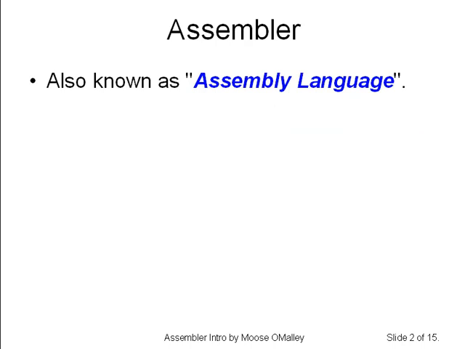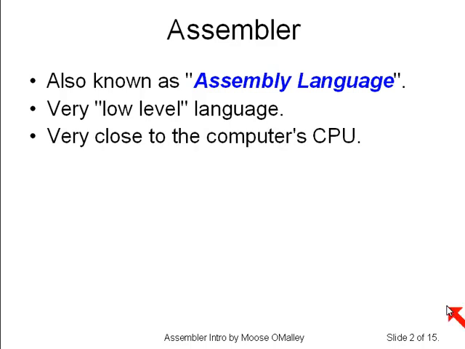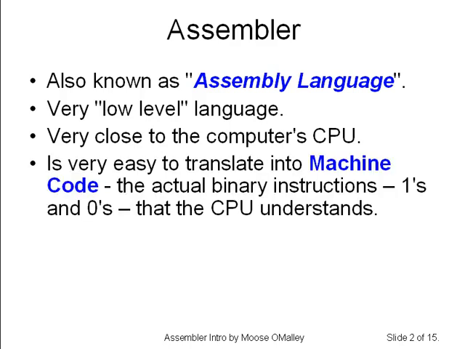So assembler is also known as assembly language, and it's a very low level language, very close to the CPU. The distance between assembly language and the CPU instructions, the native machine code, is very small. It's very easy to translate assembly language into machine code, and that's the language that the CPU actually understands.